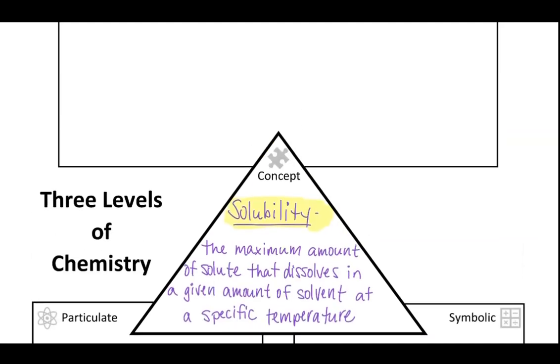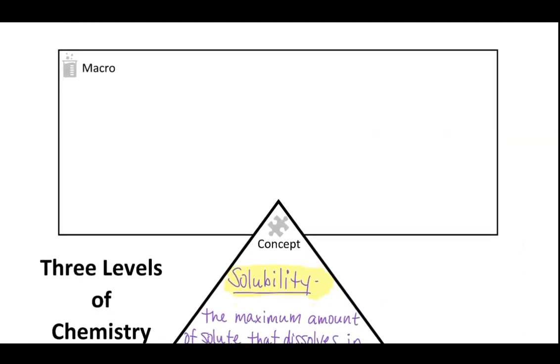So I'm actually going to split my macroscopic box in two, and we're going to look at this in a couple of different ways. I want to start out by defining soluble versus insoluble, as two terms that we can look at macroscopically.